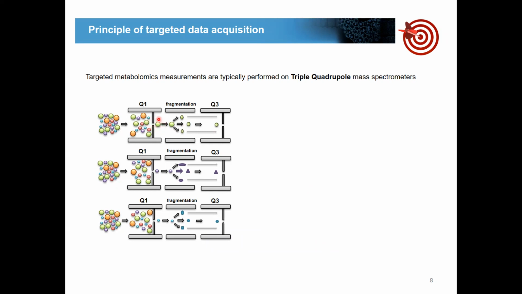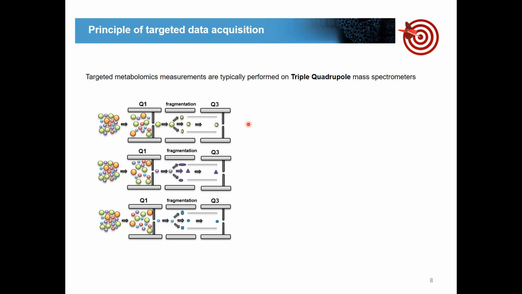Only one m/z value is stabilized in Q1, the first quadrupole, and is able to traverse the first quadrupole. This one metabolite is then fragmented in the second quadrupole, or the fragmentation cell. And one of these fragments is then stabilized in a third quadrupole and can be detected in the detector.